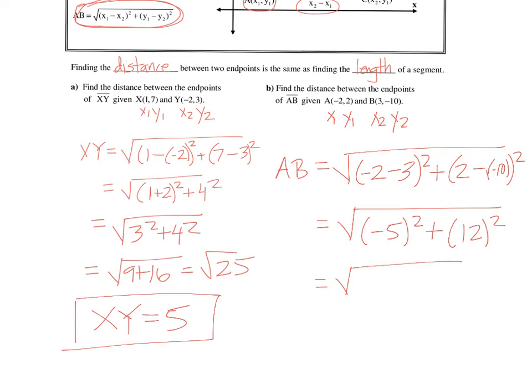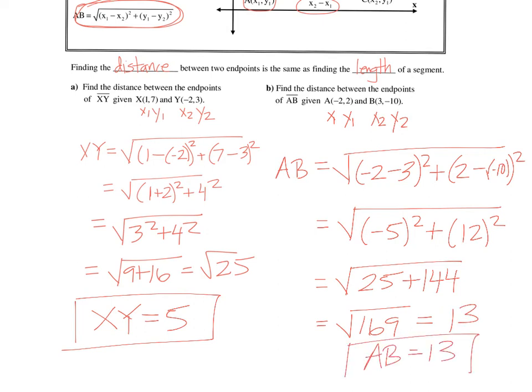So end up with 25 plus 144. That's equal to the square root of 169, which is 13. So AB is equal to 13. Done.